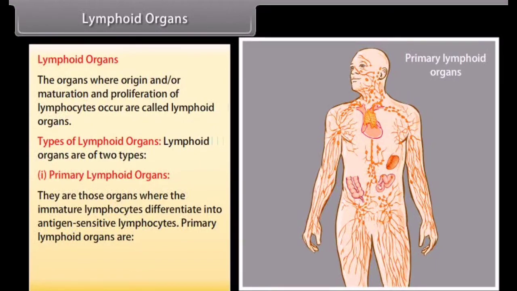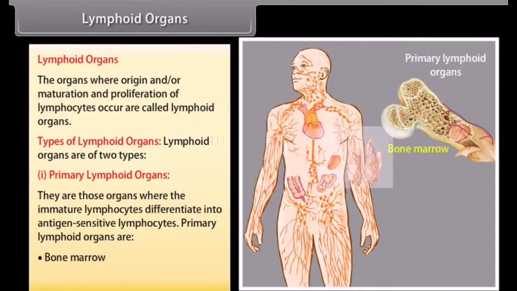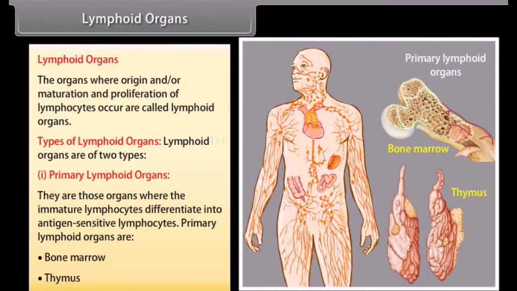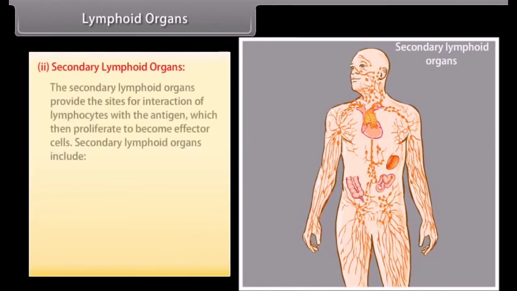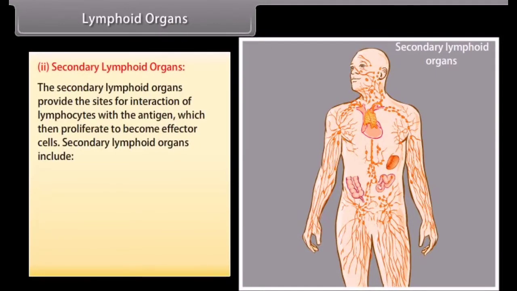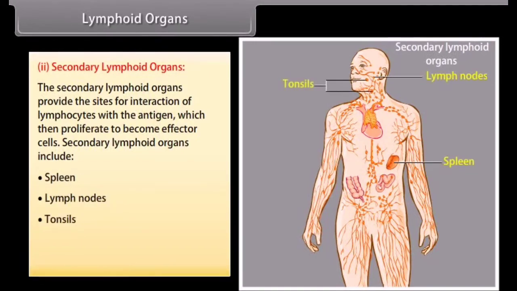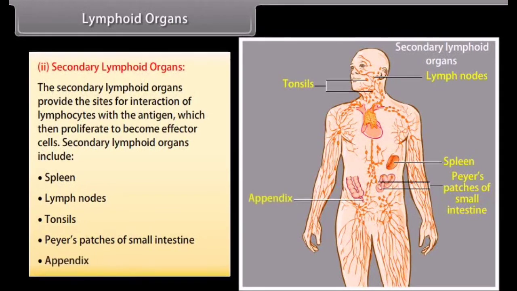Primary lymphoid organs are bone marrow and thymus. Secondary lymphoid organs provide the sites for interaction of lymphocytes with the antigen, which then proliferate to become effector cells. Secondary lymphoid organs include spleen, lymph nodes, tonsils, Peyer's patches of the small intestine, and appendix.